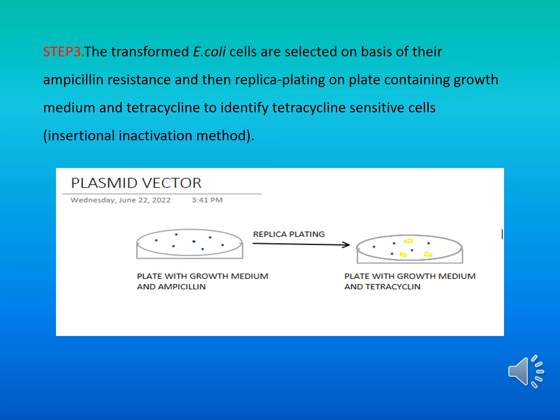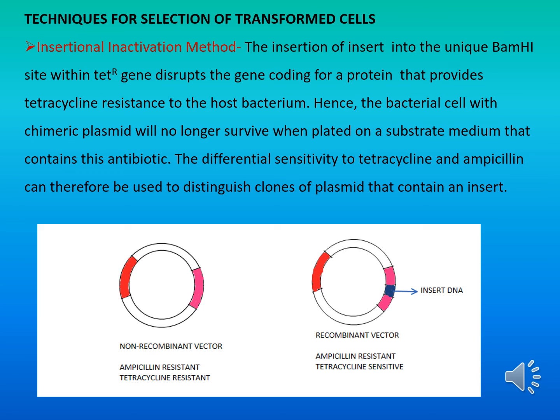Now you see in the second plate a few colonies are missing that were present in the first plate. These colonies are colonies of transformed E. coli cells. Now what is the insertional inactivation method which we use for the selection of the transformed cell? When a foreign DNA is inserted in a gene, then that gene becomes inactive and no protein is encoded by that gene. Now you see in the diagram, this is a non-recombinant vector.